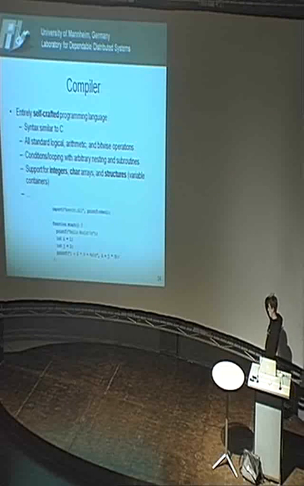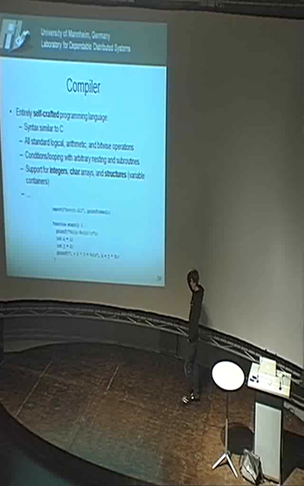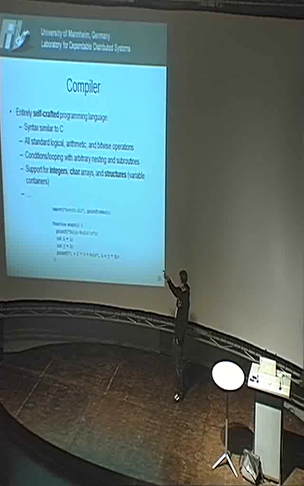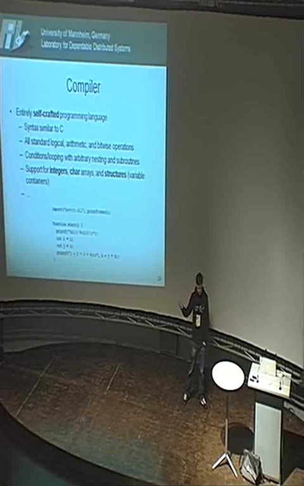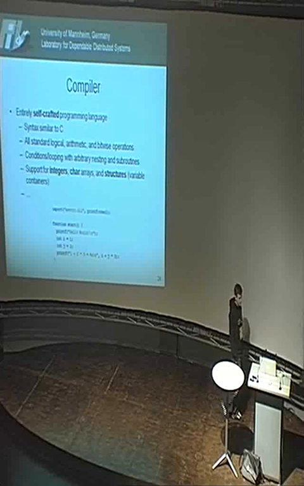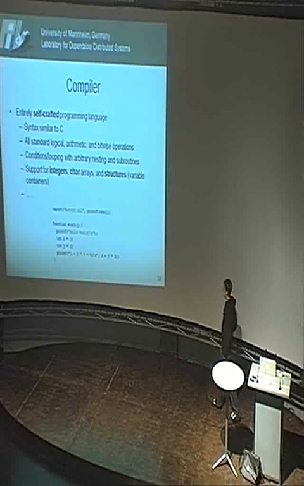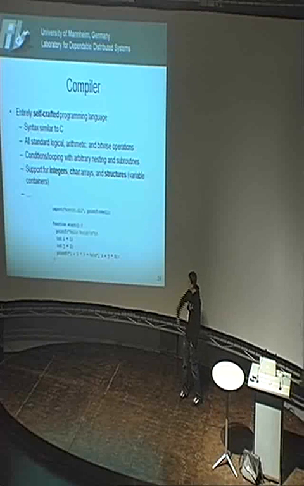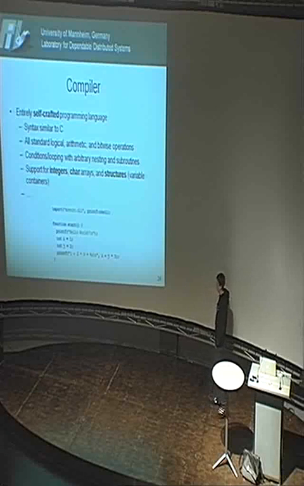So what we have here is an import statement, which means that we can actually import functions from external code. In this case, we just import the printf function from MSVCRT DLL, which is the C standard library under Windows. And the cool thing is that we can now actually call this external function. So what happens in the first line is that it simply prints out a hello world statement on the console.